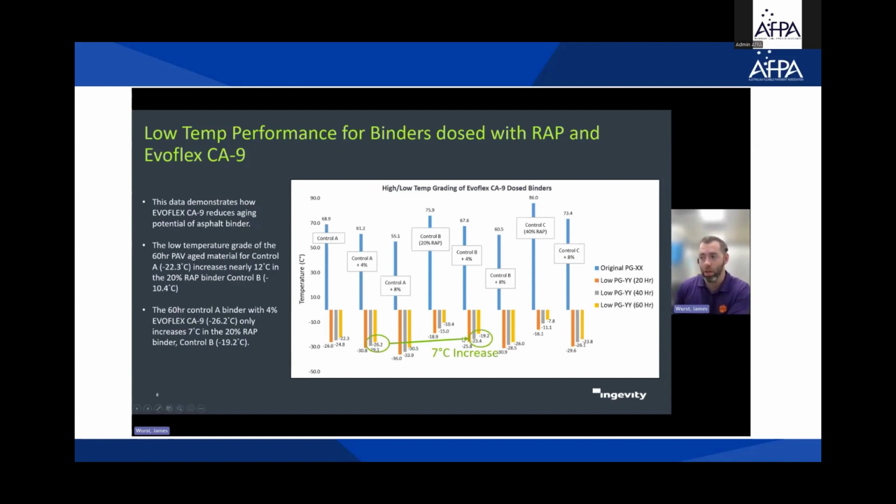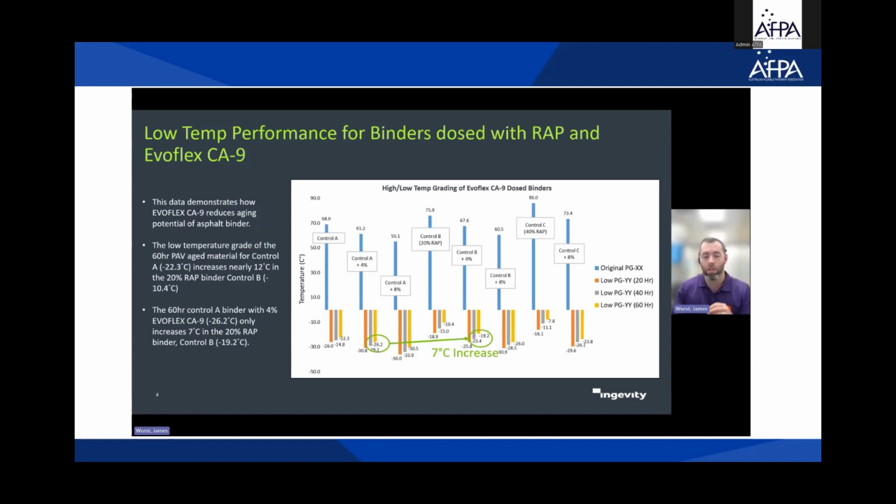At the 60-hour parameter, instead of increasing 12 degrees, we've only increased 7 degrees. So that's quite a change. Really, between the 20 and the 60 hour, we saw very little increase in stiffness, only 5 to 7 degrees, whereas without the additive, we saw a 5-degree shift instead of a 2-degree shift.